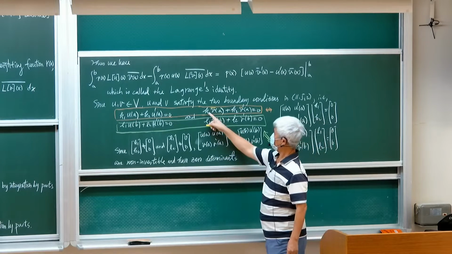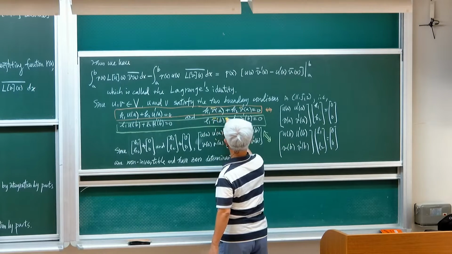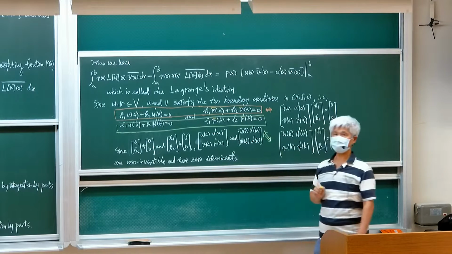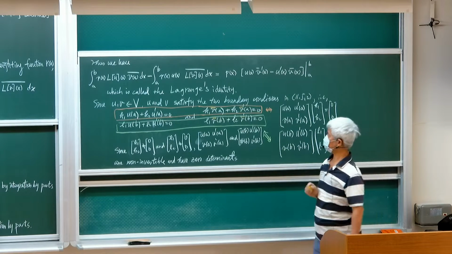And we know K1 and K2 are real numbers, so they will not be affected when we take the complex conjugate on both sides.